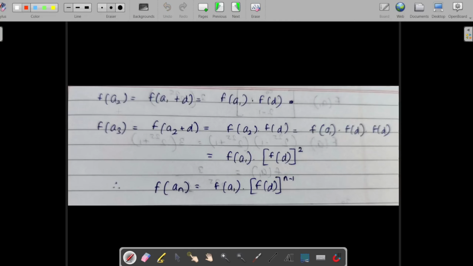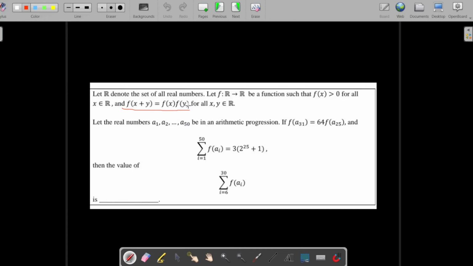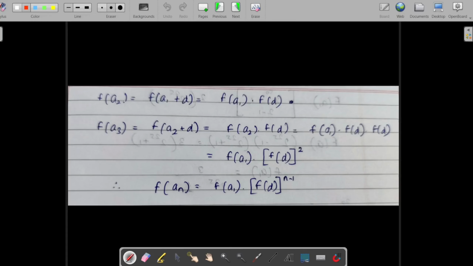First of all, as I said, this equation always produces a symmetry. We have f of a2 is f of a1 plus d because a1, a2, a3 and so on are in arithmetic progression. We have just assumed that d is the common difference. So because f of x plus y is f of x into f of y, we have f of a2 is f of a1 into f of d.